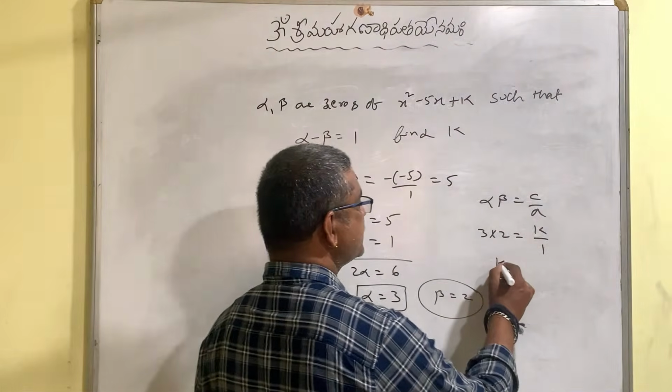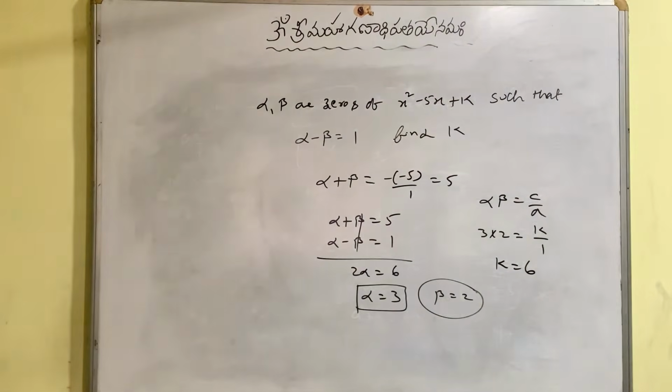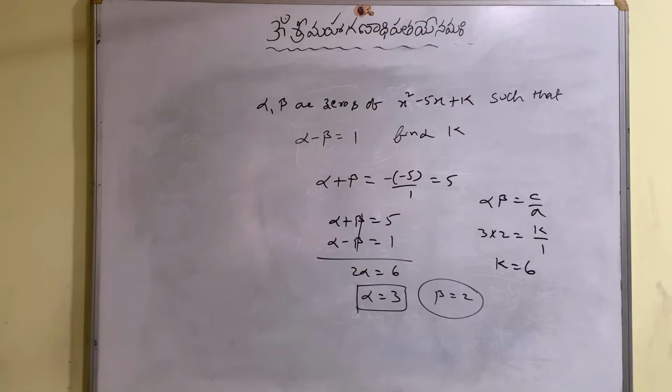That means k is equal to 6. K is equal to 6. Kaushik told this one before only. You told this one before only. Very nice.